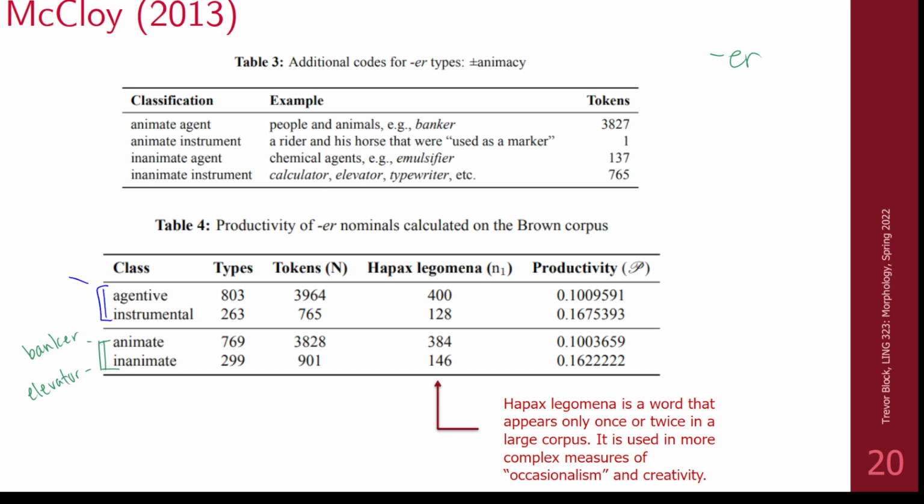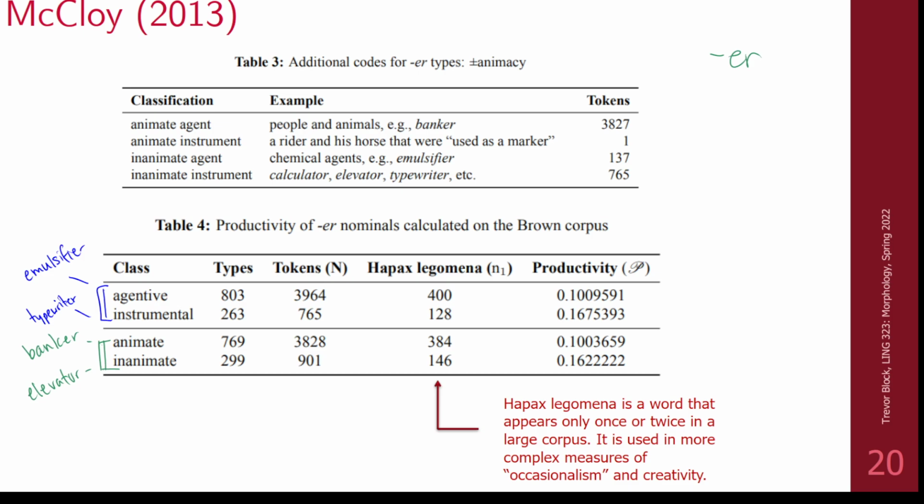So you could think of something like an emulsifier, something that emulsifies air. What's another word? Like a diffuser could be something like that too. It's an agent. It does its own action. While something could be an instrument, as we've seen before, like an elevator, a typewriter, or so on. This is something that someone else has to do actions on to get it to work.